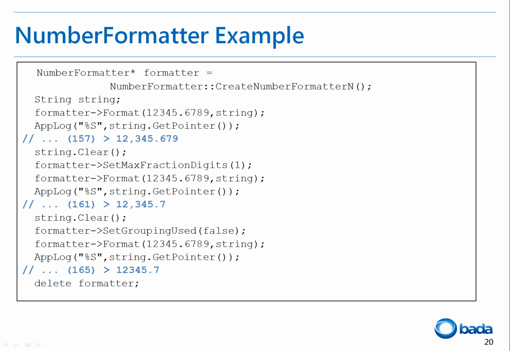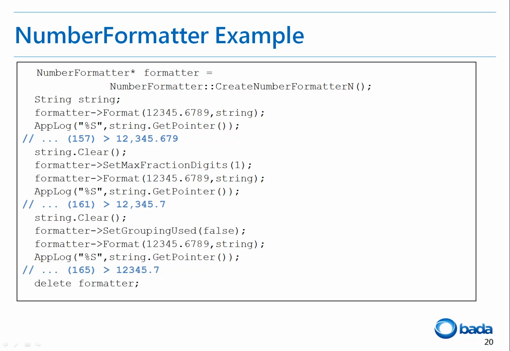Let's see how we can actually use the number formatter. In this example, I created a number formatter without applying a locale and used the formatter to convert the number 12345.6789 to a string. The resultant string is 12,345.6789.